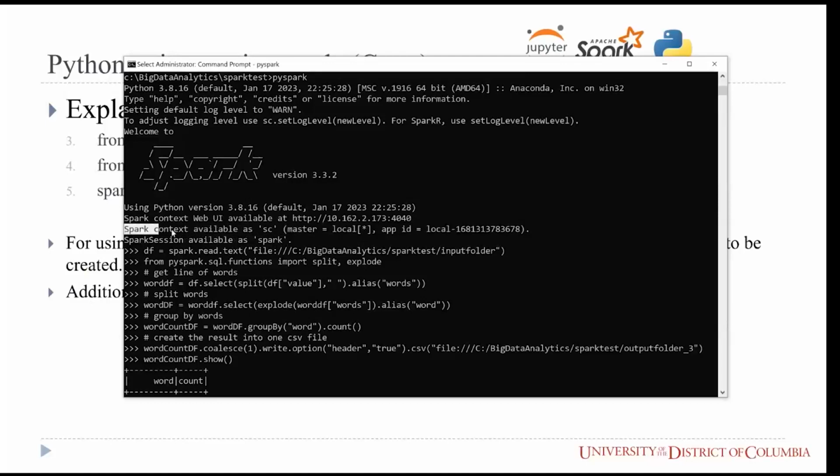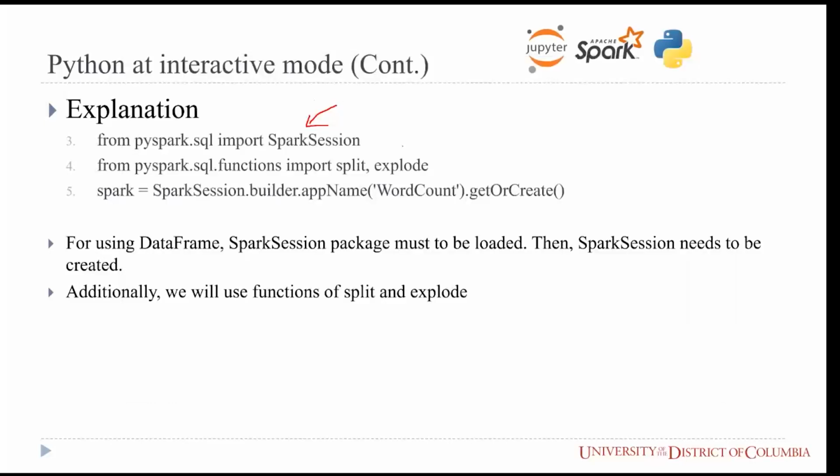As you can see here, the message says Spark context available as sc, so it is automatically loaded for you. However, if you're using Jupyter Notebook, you need to create this Spark context yourself first. That's why this line of code is necessary, right?